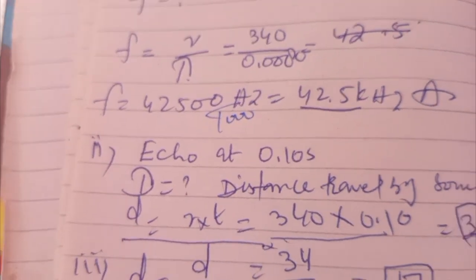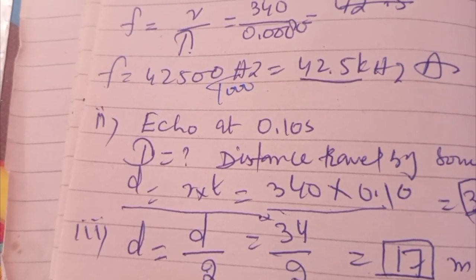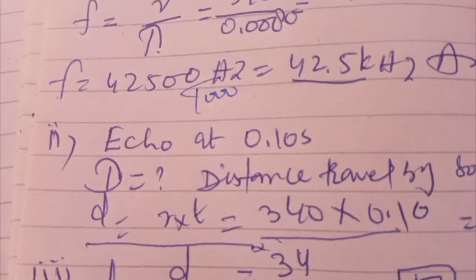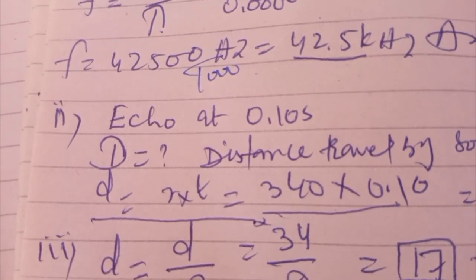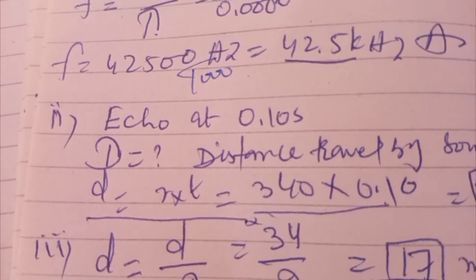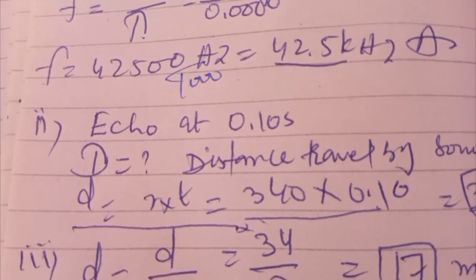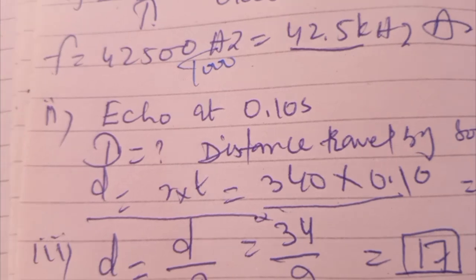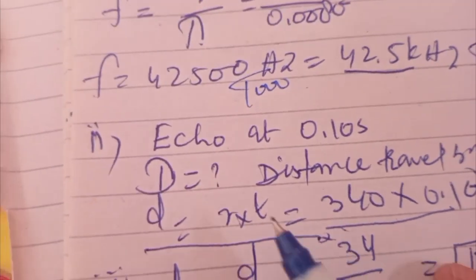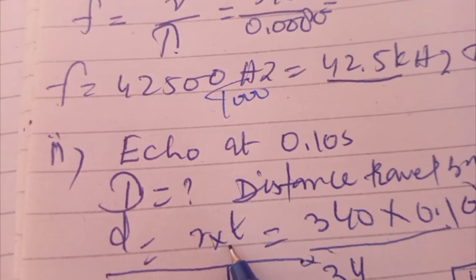Now I will move towards the second part of the problem of question 4 from chapter number 2 of the physics textbook, whose name is Sound. In the second part you have to find the echo at 0.10 second. So here you have to find the distance traveled by the sound, and the formula of the distance is equal to the speed of the sound times the time taken.